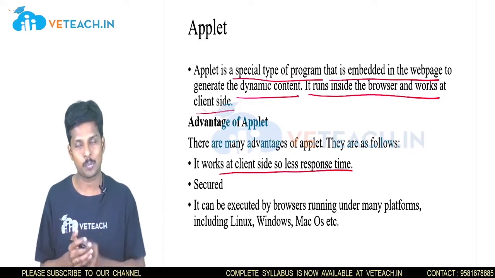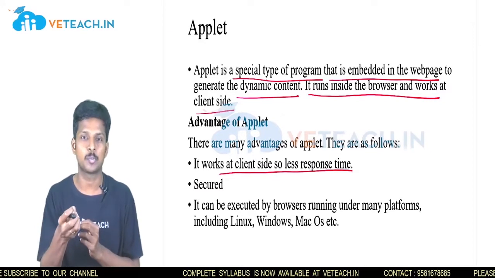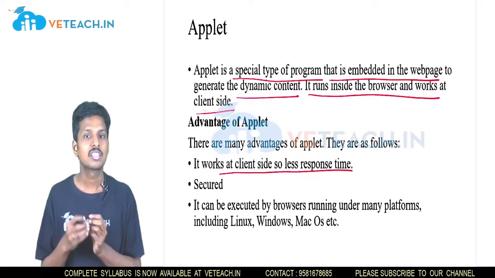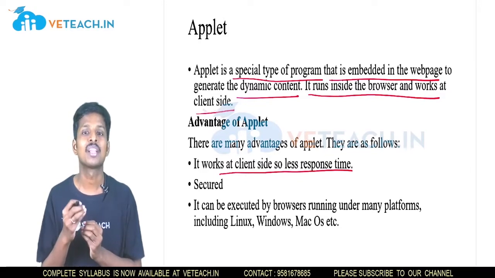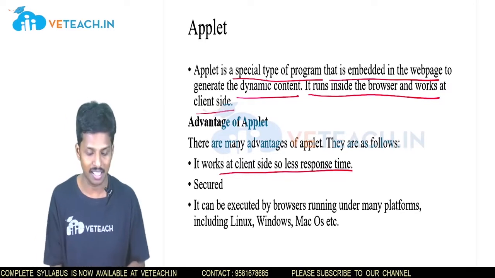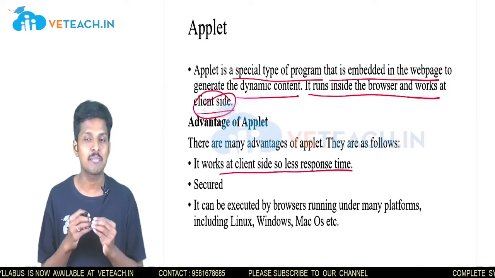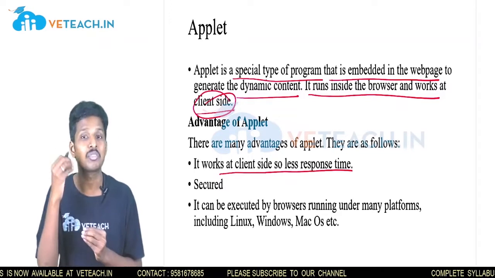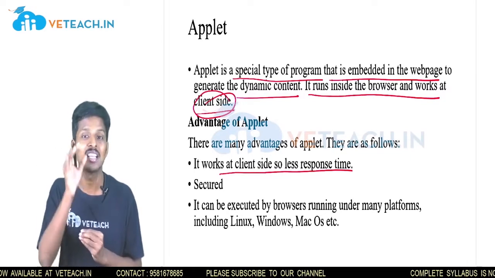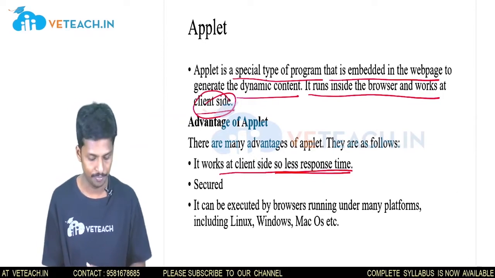When the request is processed and the response is created, the server sends it back to the client, and this takes some time. But when we use an applet, since it runs on the client side itself, the time taken to transfer from client to server and back is reduced. That's why there is less response time.